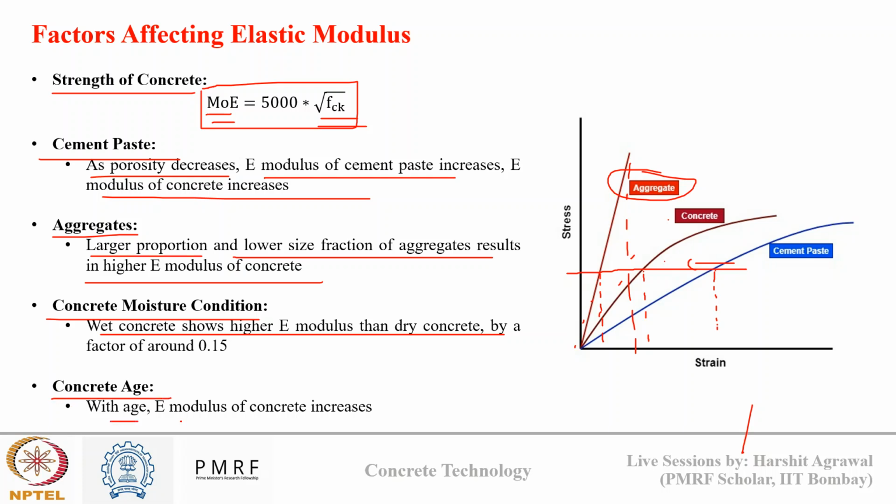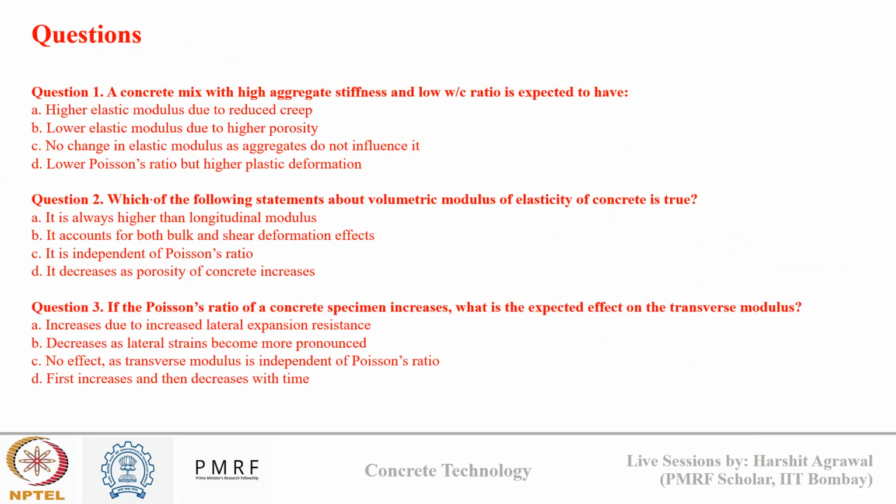With age, cement paste densifies. As cement paste densifies, it becomes stiffer in nature, and as cement paste becomes stiffer, concrete also shows stiffness, which increases the MOE of concrete. So this is how different factors affect the MOE value of concrete.